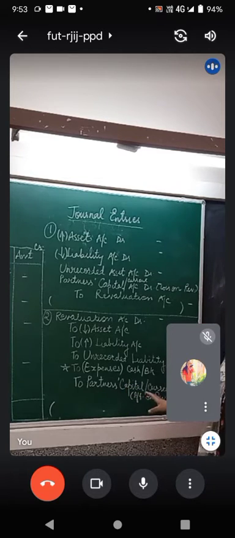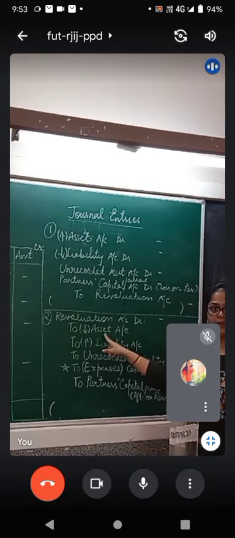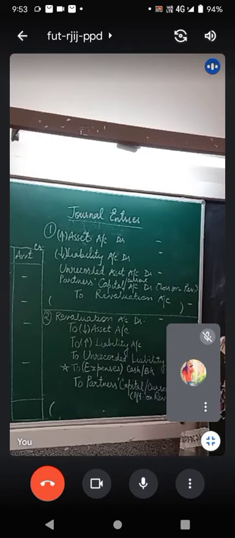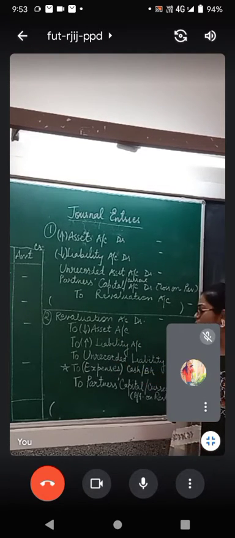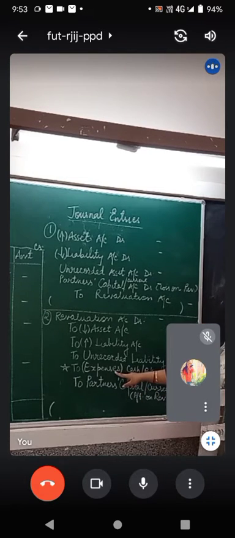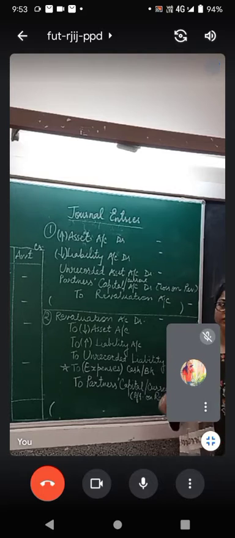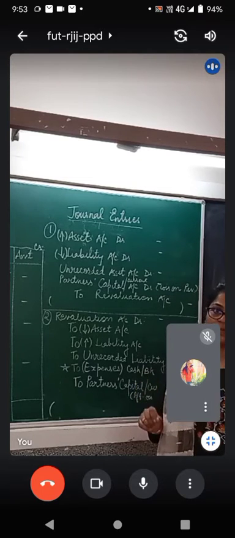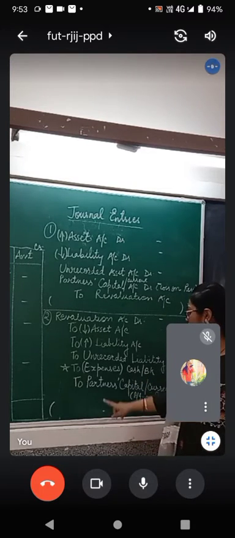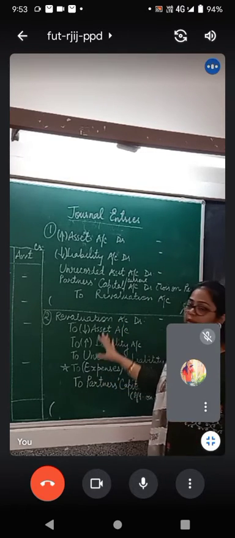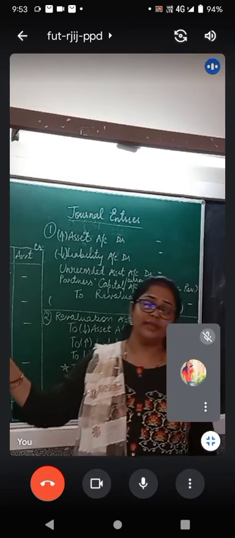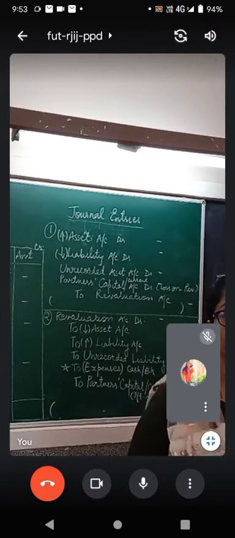The journal entry for decrease in value of asset or increase in value of liability, or recording of any unrecorded liability, or expenses paid by the firm on revaluation, or profit transferred to partner's capital or partner's current account. Yes. So through this journal entry, you can pass on the other side, the two sides of the revaluation account.